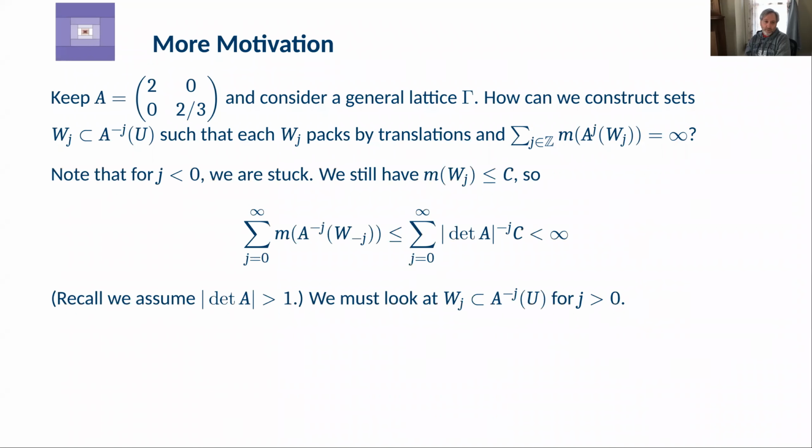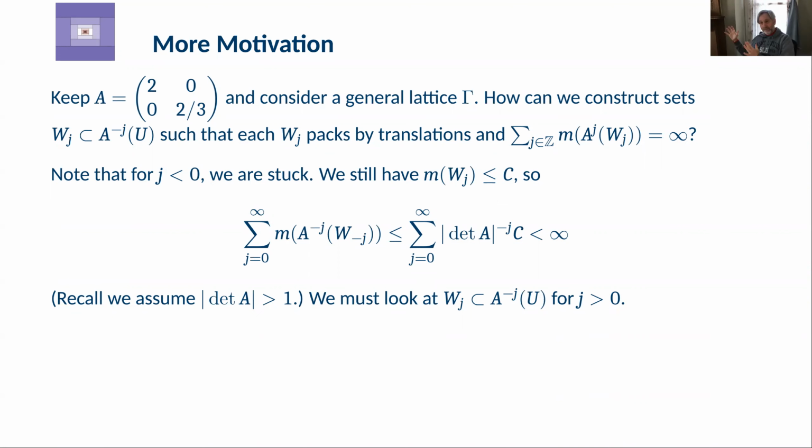So here's what we do. The first thing is what I was saying before: for the positive dilates, there's nothing you can do. The measure of the wj's are bounded by some constant that depends on the lattice, and we're adding up the determinant of a to the negative j. We're assuming the determinant of a is bigger than 1. This is always going to be finite.